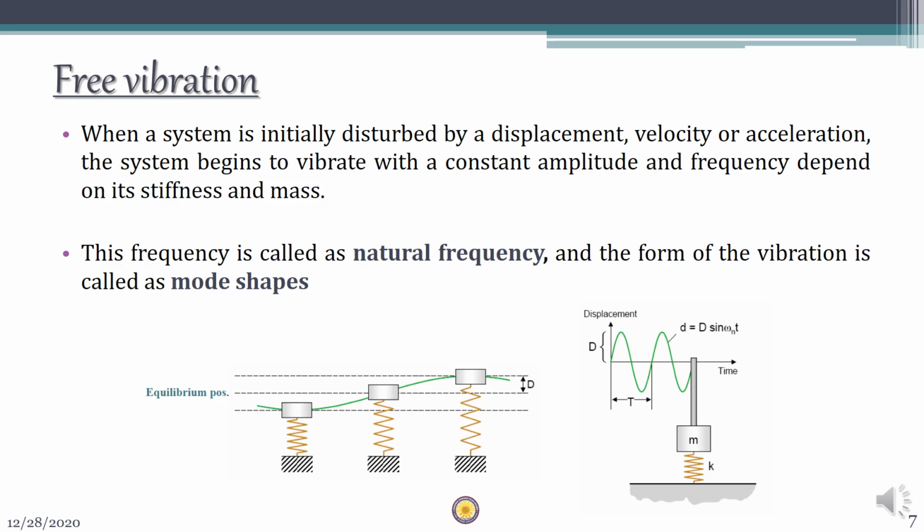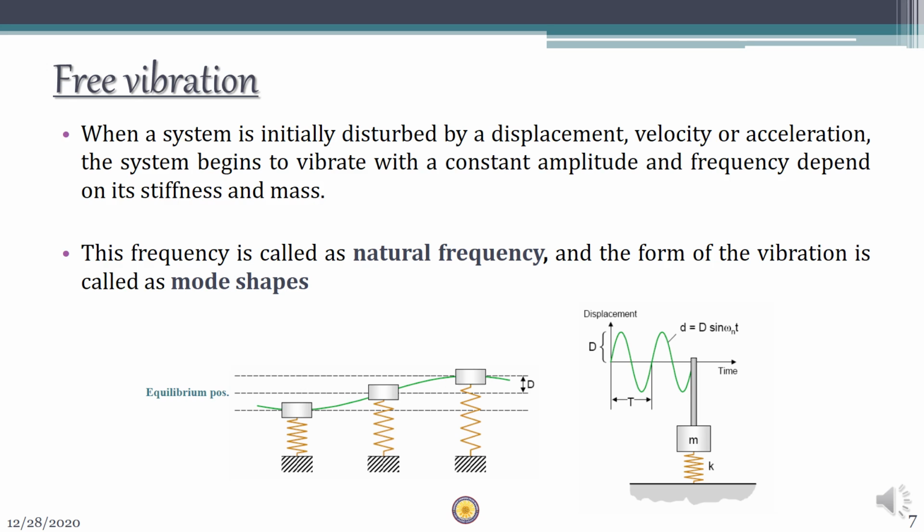The remaining things are controlled by the restoring force only. Whenever a body is disturbed from its initial position, it will continue to vibrate with a constant amplitude and a frequency which is purely dependent on the stiffness and mass of the system.